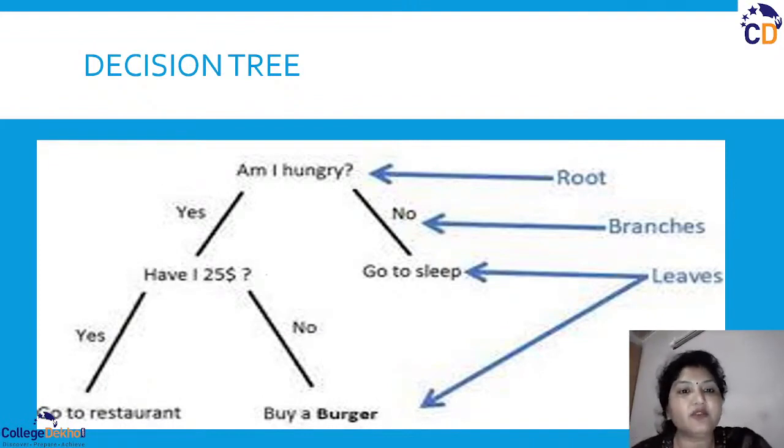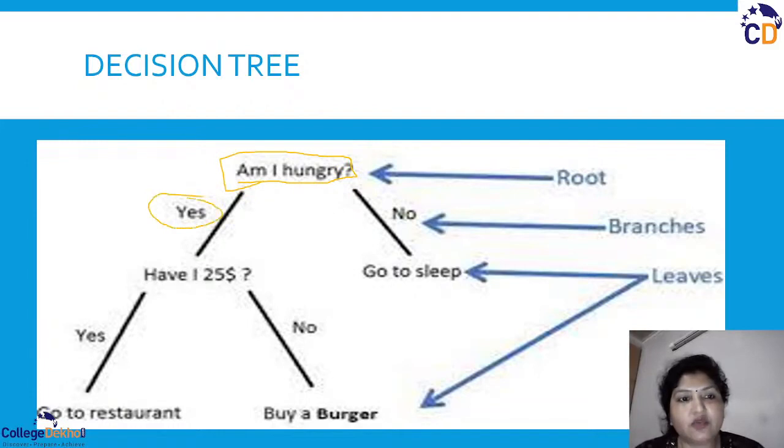Now let us see from this example. I have taken as the first node: am I hungry? This would be the root node, and it is divided based on a condition. If the condition is true, you take this decision, or if the decision is no, you take this other decision. This decision would be a leaf because it is not divided further.